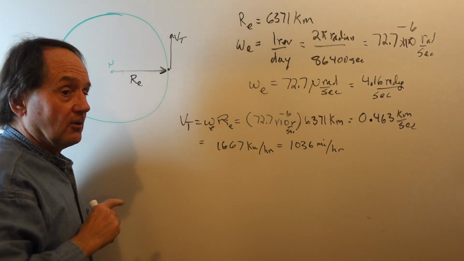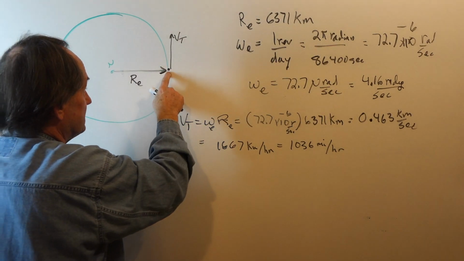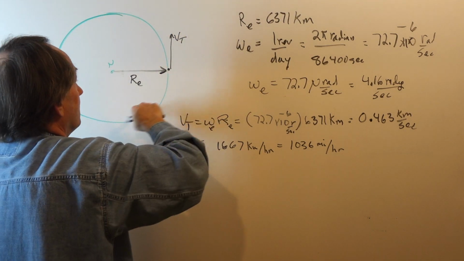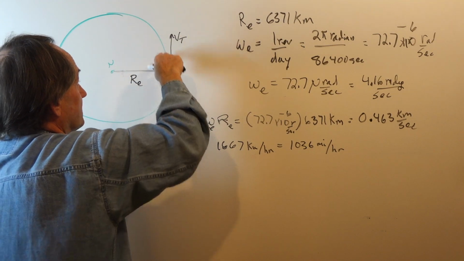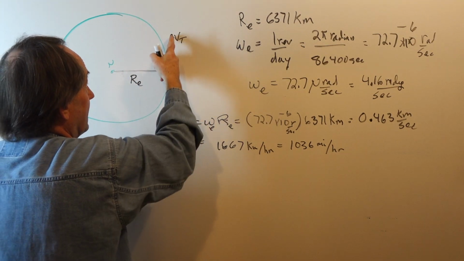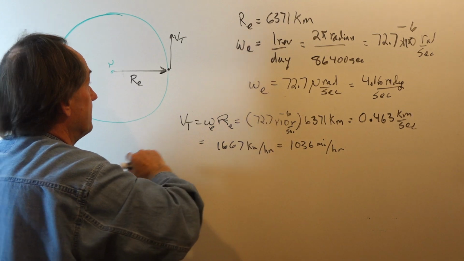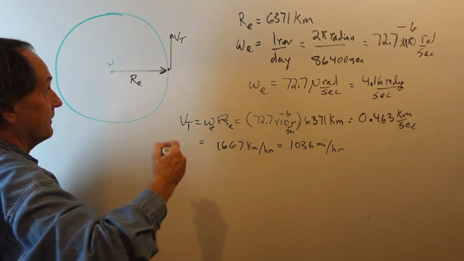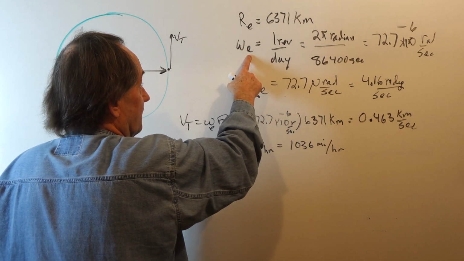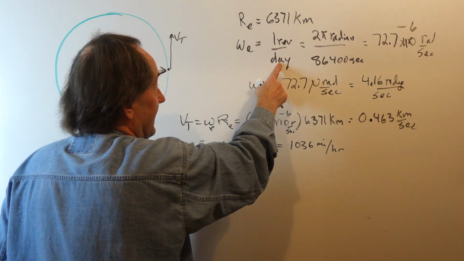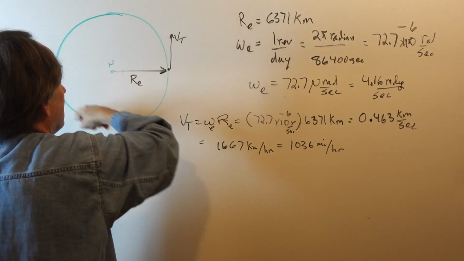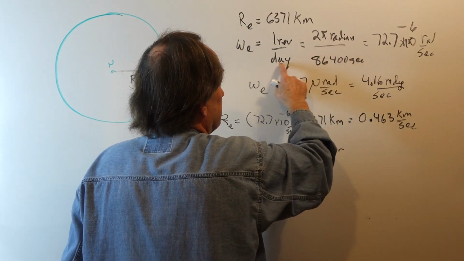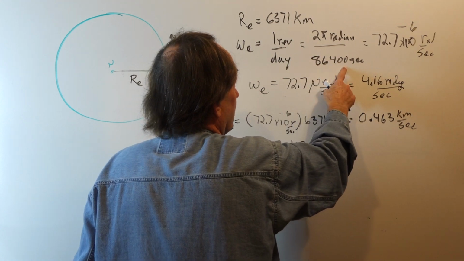Now, at the equator, we can attach a tangential velocity to an object sitting at the equator. It's going to be rotating around with the surface of the Earth. The Earth, again, has an angular velocity of a revolution per day. There's 2 pi radians in a full circle in a revolution, and a day is 86,400 seconds.